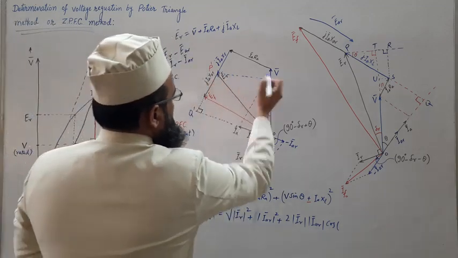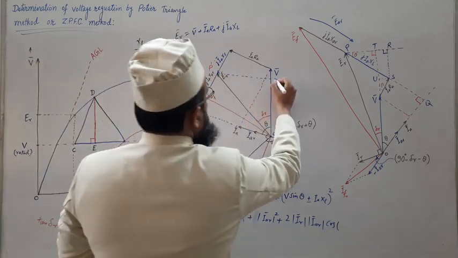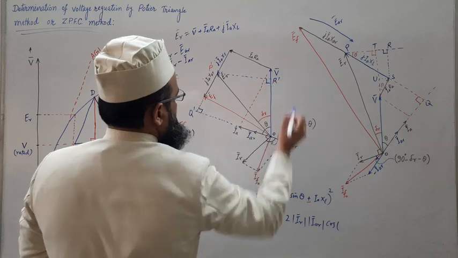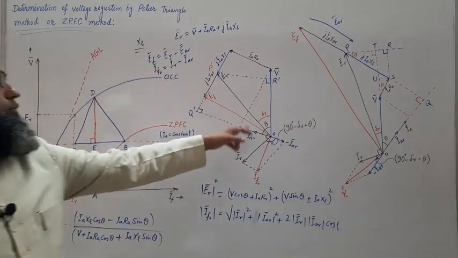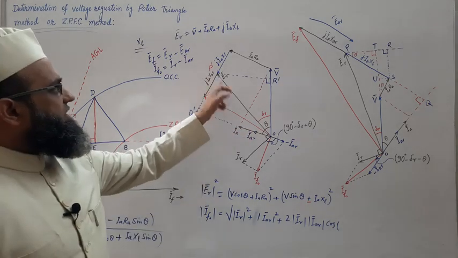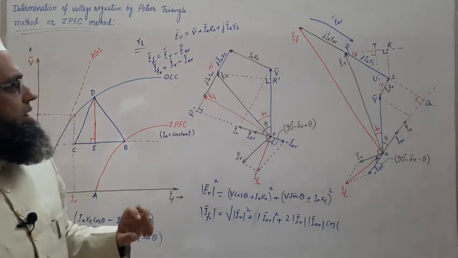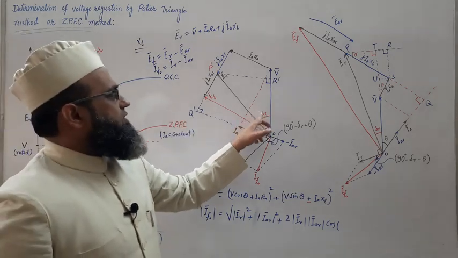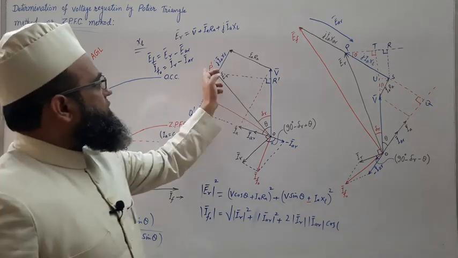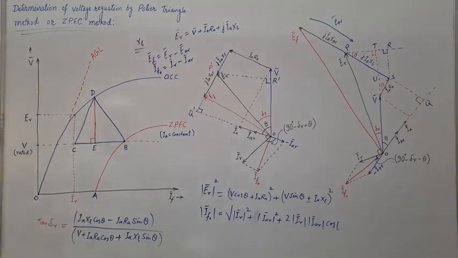Draw one perpendicular here, so that we will get OP dash and R dash, one right angle triangle here. OP dash R dash is one right angle triangle in which OP dash is the hypotenuse giving the magnitude ER. But we need to get the value of delta R, so we need to get tan delta R as the ratio of P dash R dash upon OR dash.